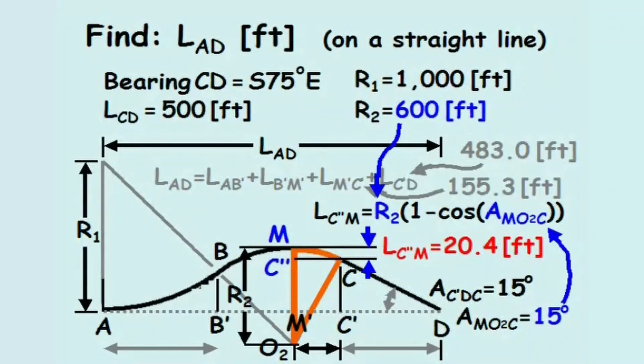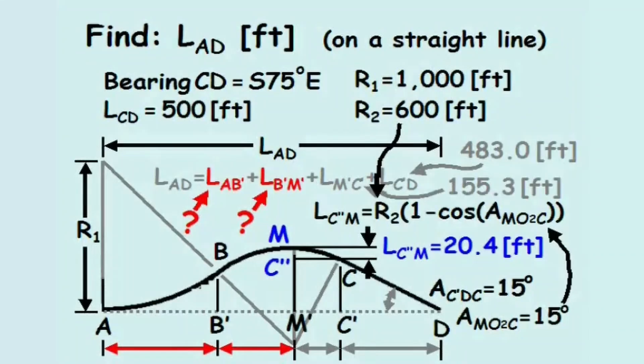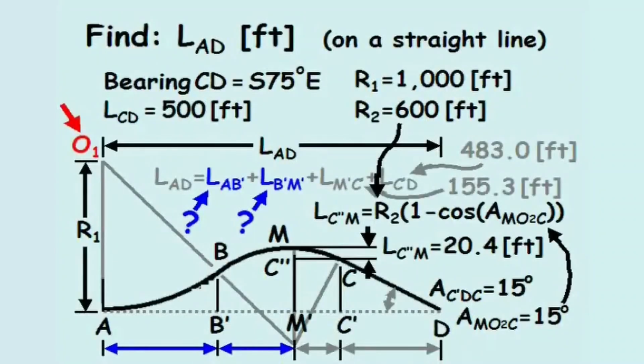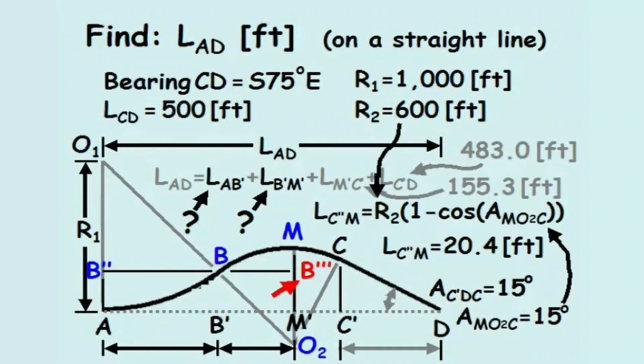Next, we'll solve for the lengths of segment AB prime and segment B prime M prime simultaneously. To do so, we'll create point O1 at the center of the first curve. We'll also create point B double prime, which is the westward projection of point B onto the line O1A, and we'll also create point B triple prime, which is the eastward projection of point B onto line O2M.